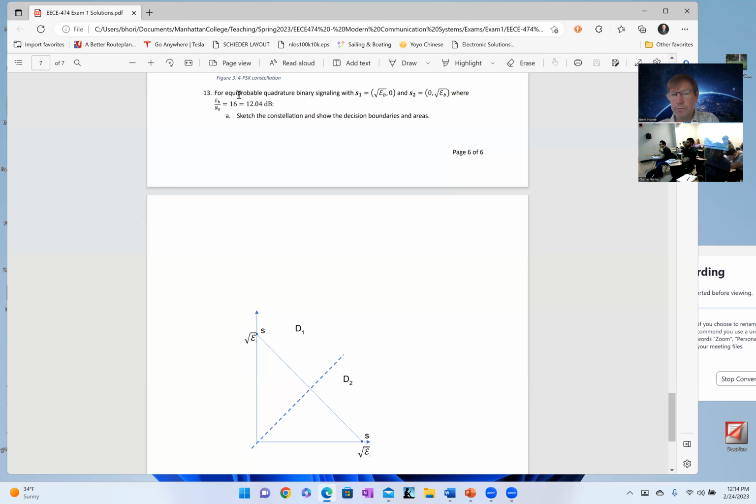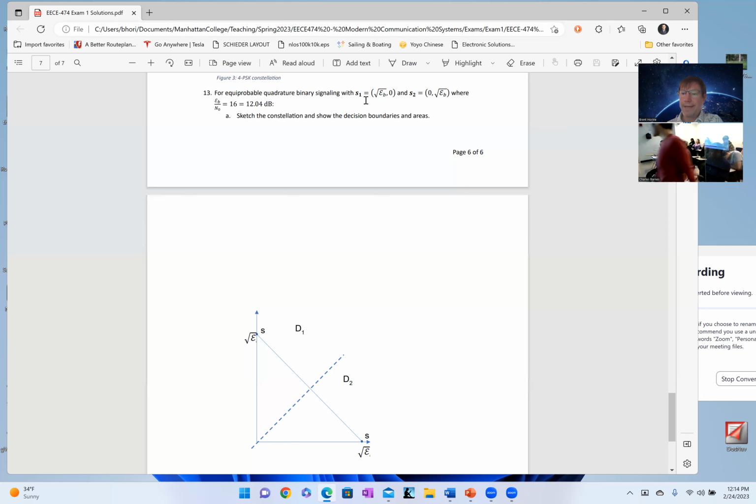So some people drew out some constellations with many different constellation points. Some people, I think, maybe saw the word quadrature and said there must be four symbols there. I'm not sure. But really, the binary signaling is telling you that there's two symbols. The quadrature is reflecting the relationship with each other, right?